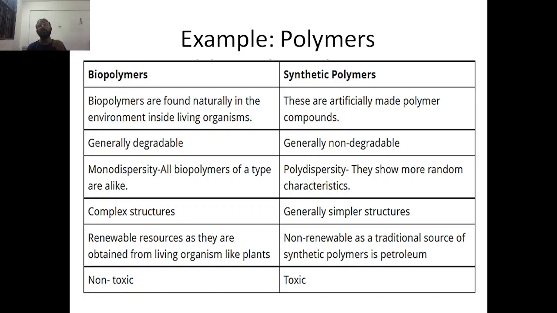Next, monodispersity: all biopolymers of a type are alike. For example, cellulose means cellulose, and all the structures are alike. DNA and RNA have their own unique properties, and that is why it is called monodispersity. Synthetic polymers show polydispersity, which means they show more random characteristics and are not so unique.